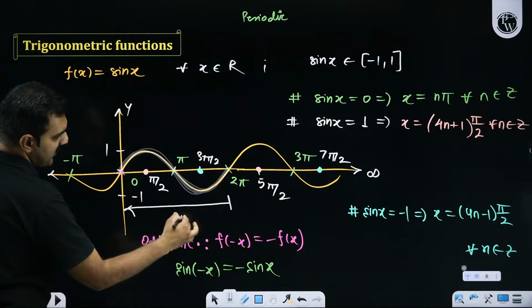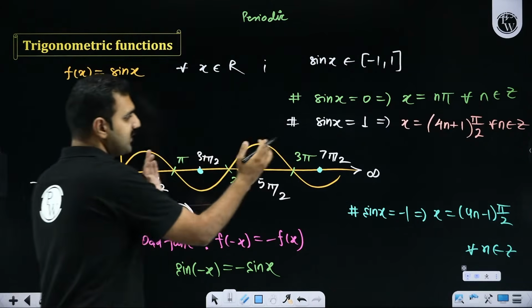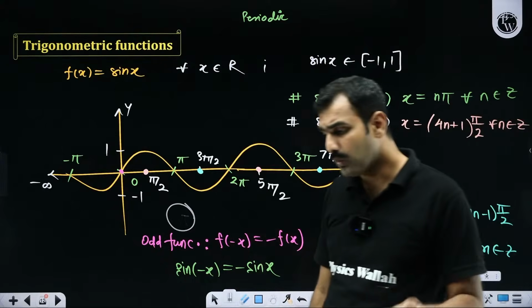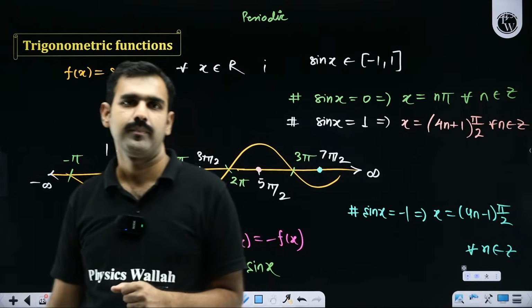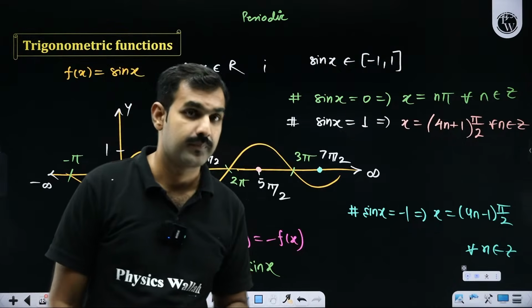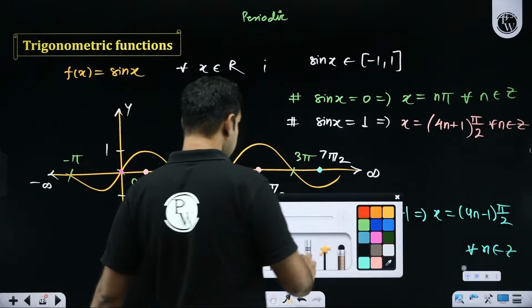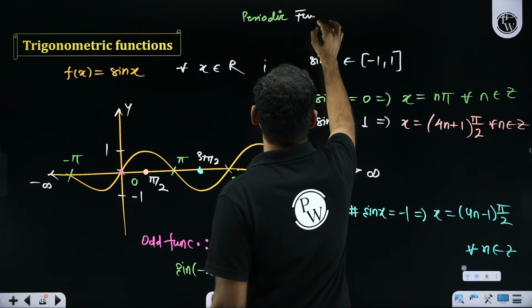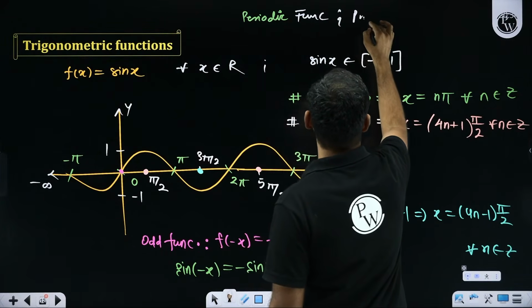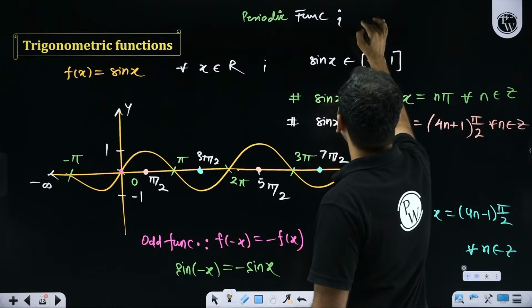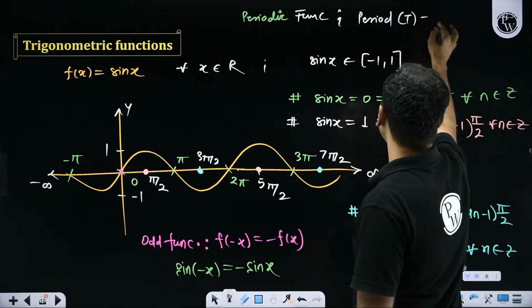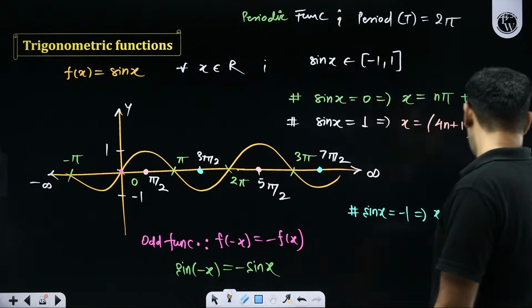So this chunk which has a length 2 pi, the same length 2 pi to 4 pi, 4 pi to 6 pi, and so on, will keep on getting repeated. So what does it mean? It means it is a periodic function, with its period conventionally defined as T, as 2 pi.